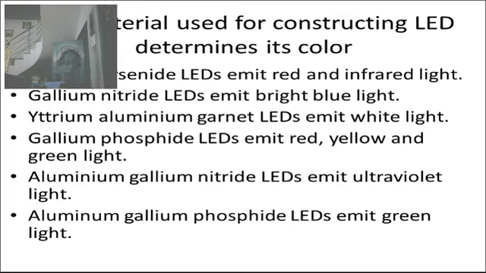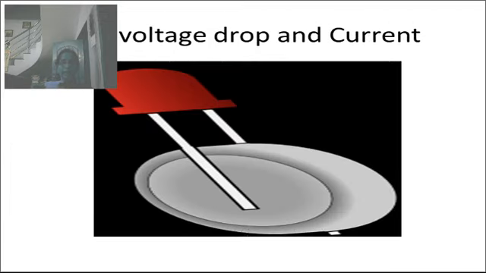Since LEDs have clear cases, there is normally no label on the case to identify the leads. The longer one is the positive terminal and the shorter one is the negative terminal. We can classify the LEDs into three types.